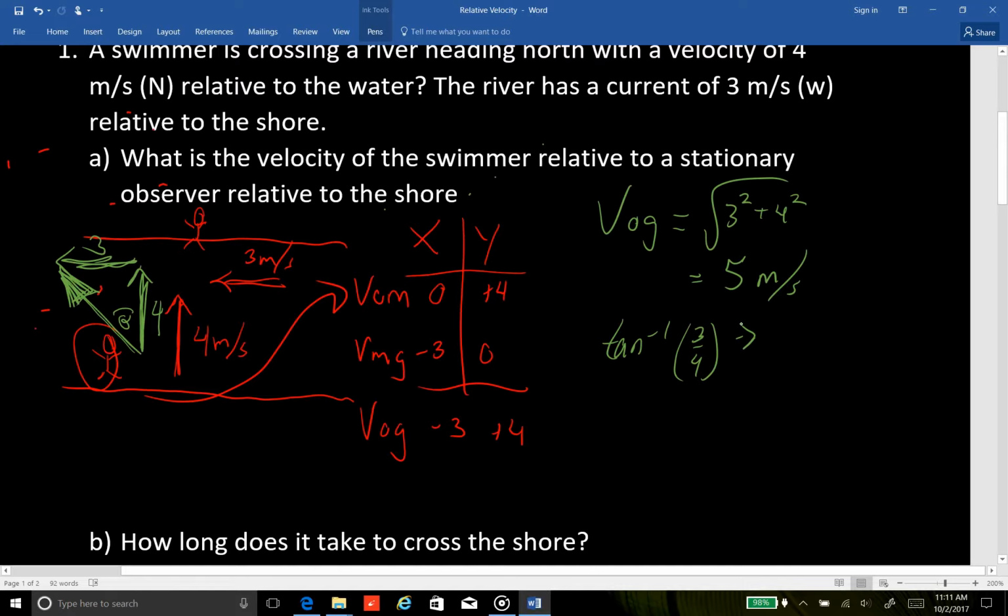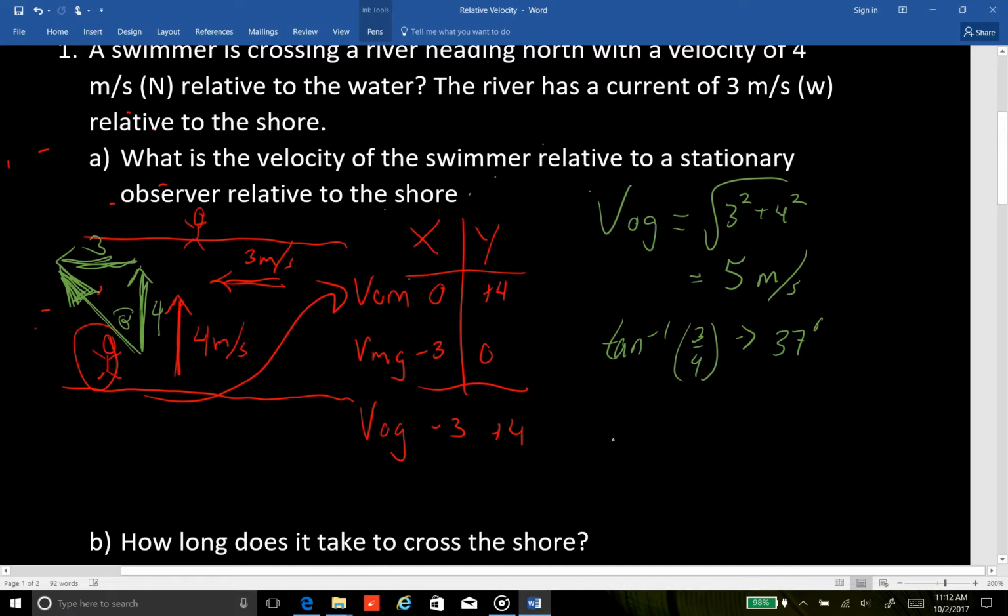What's the angle in a 3, 4, 5 triangle? So what would that be? What's the inverse tan of 3 over 4? 37 degrees? That sounds about right. Okay, so how would you report this answer?